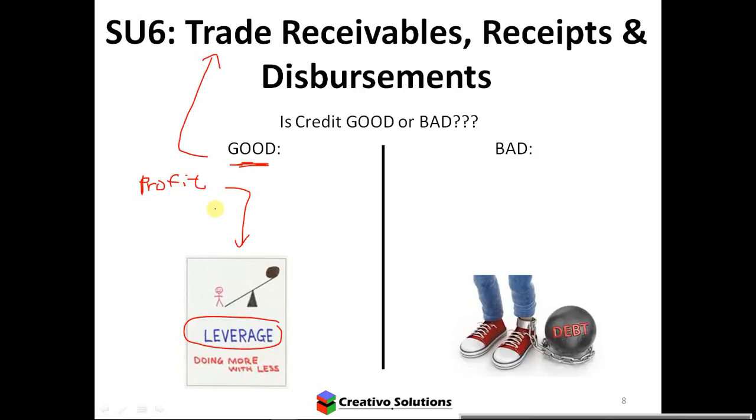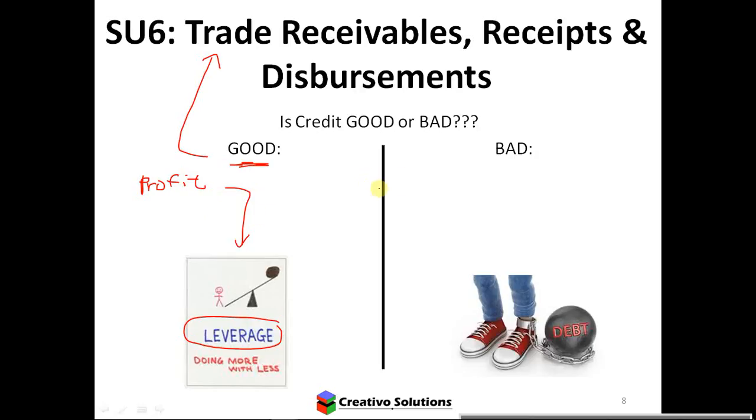If you have more credit on hand, you would have more cash to settle certain, let's say, operational costs. So credit can be good purely because it gives you the ability to do more without actually having those resources. That's why lending or borrowing is such an important component of the economy.